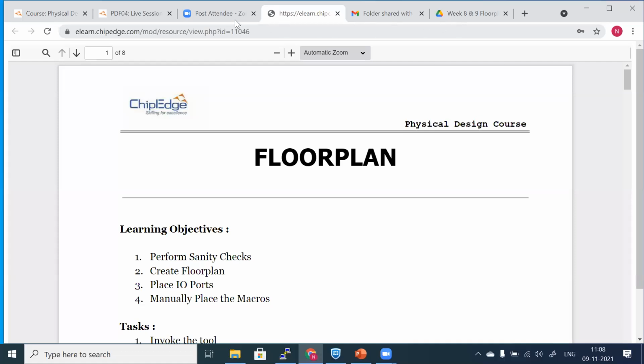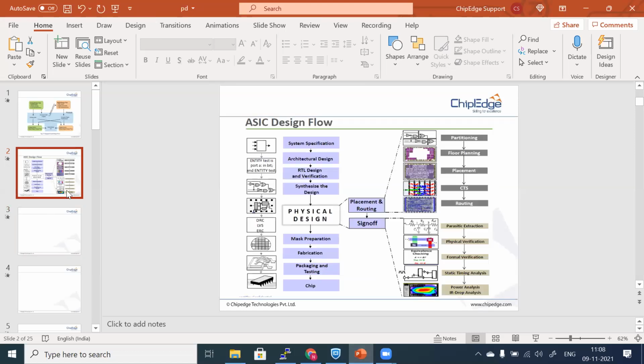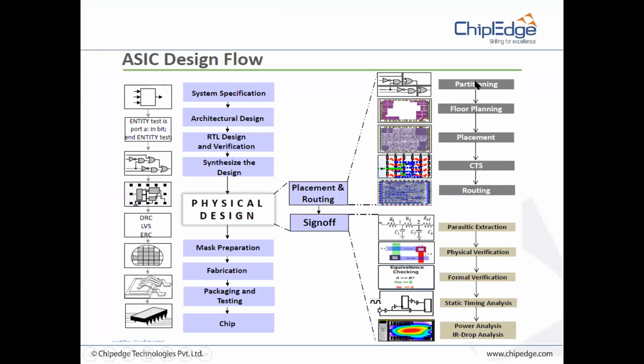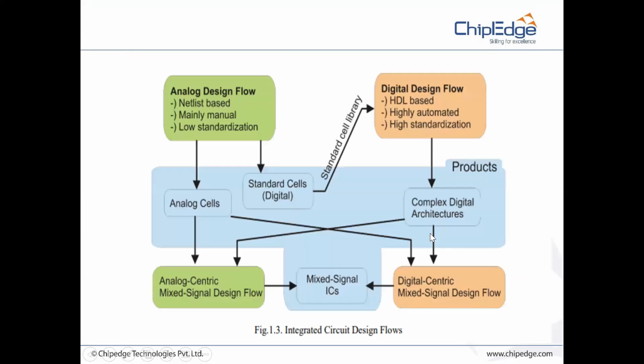So if you see, this is where we are now. Partitioning and floor planning. So today, Utkarsh has explained to you what is all about partitioning and floor planning, right? Okay, so we have seen sanity checks.